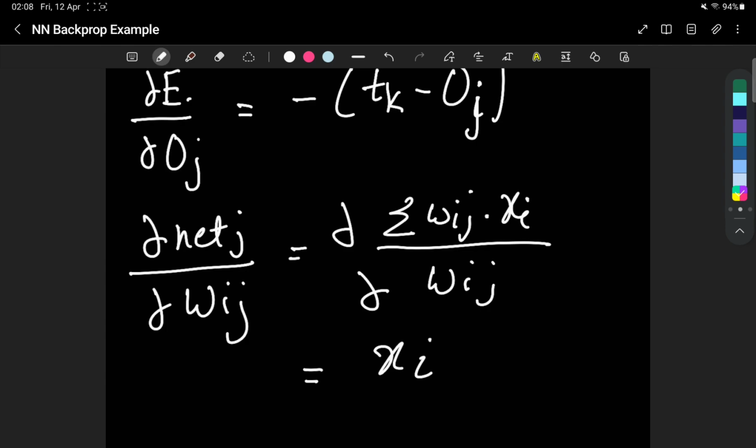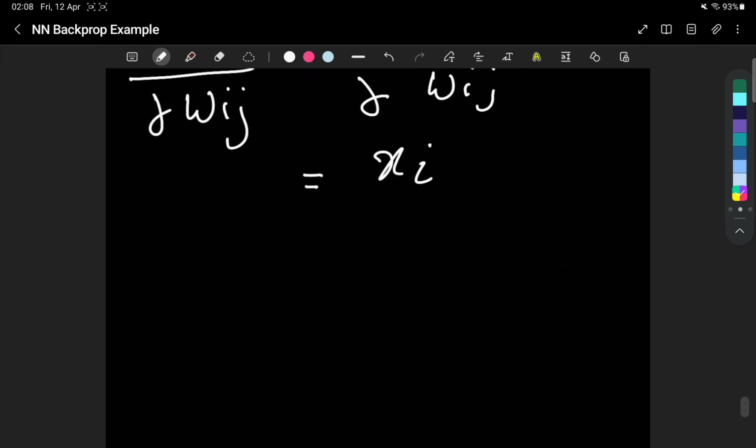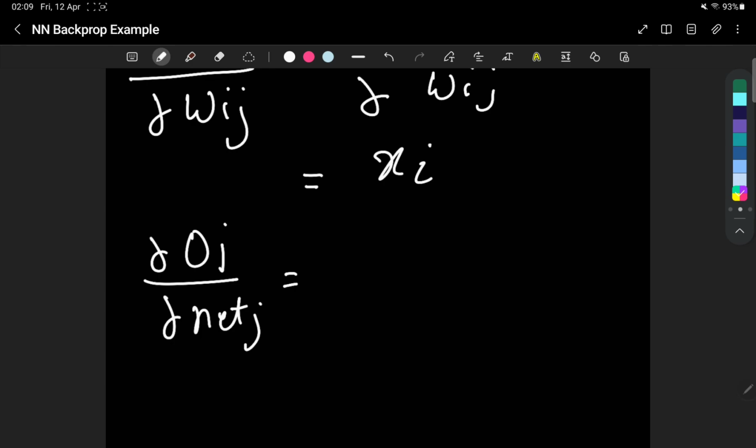Finally, the third partial derivative that I have is the partial derivative of o_j with respect to net_j. And o is primarily a sigmoid function applied on net.